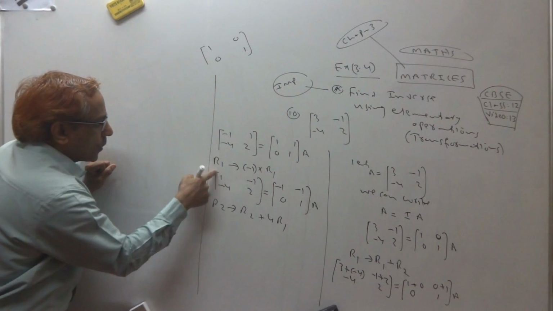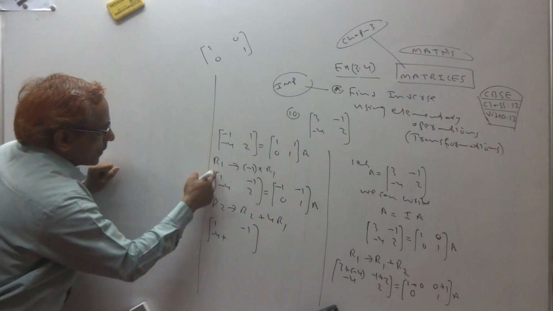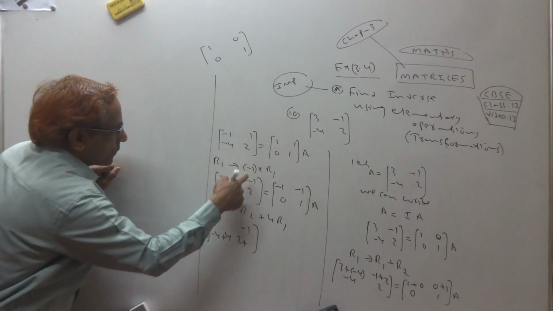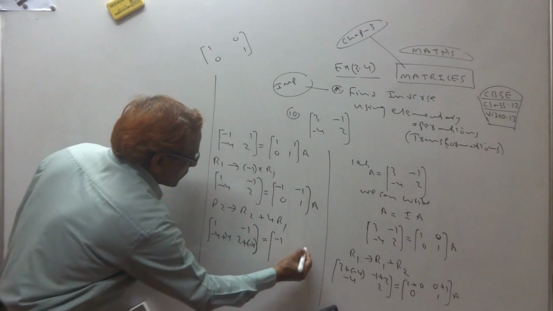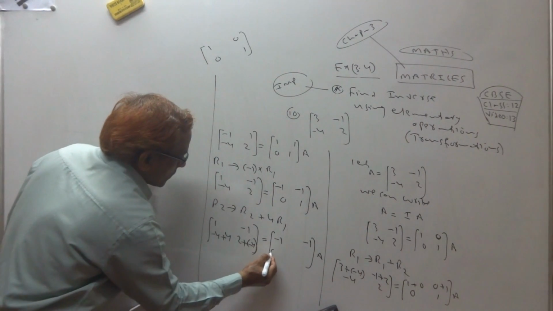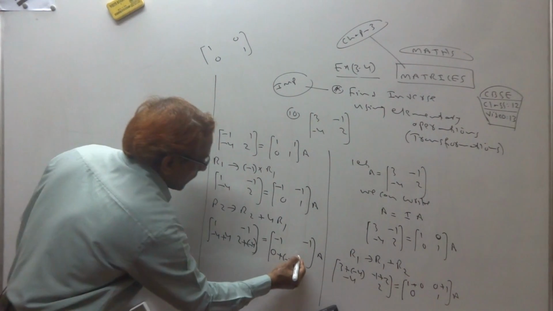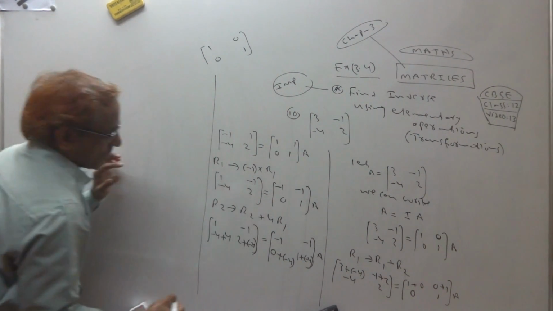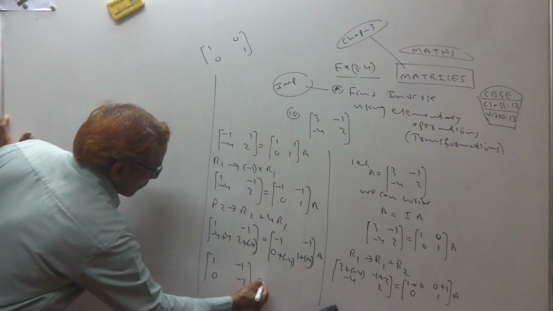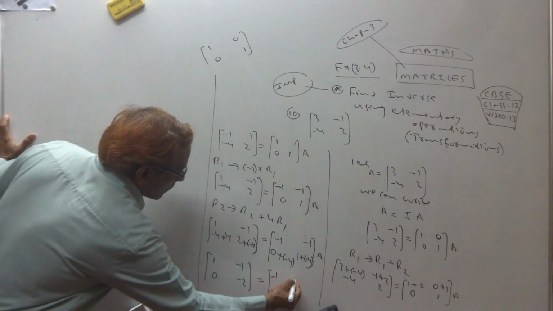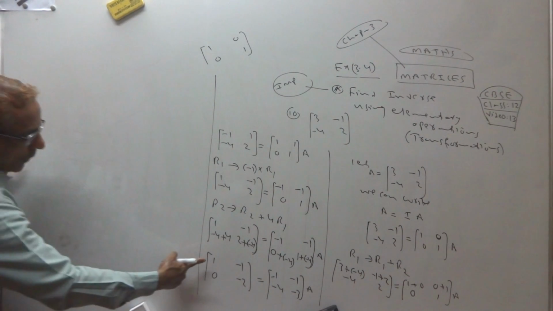So R2 plus 4R1: 2 plus 4 ones are minus 4... R2 will change: 0, then minus 4 on the left, and on the right minus 4 and minus 3. So what I am getting is 1, minus 1, 0, minus 4, with right side minus 1, minus 1, minus 4, minus 3.